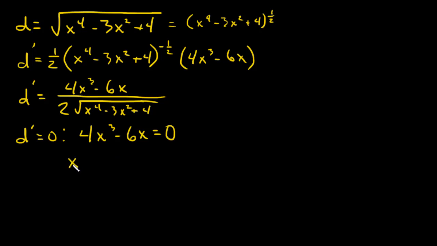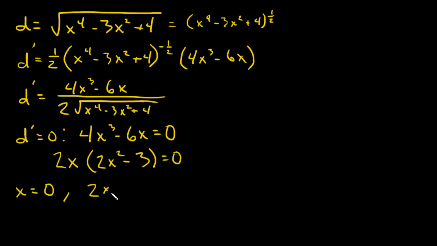So I can even do a 2x if I want. 2x, I'm going to be left with 2x squared minus 3 equals 0. And I'm going to wind up with x equals 0. And 2x squared minus 3 equals 0 means that x squared equals 3/2. x equals the square root of 3/2. Okay? Oh, sorry, plus or minus.